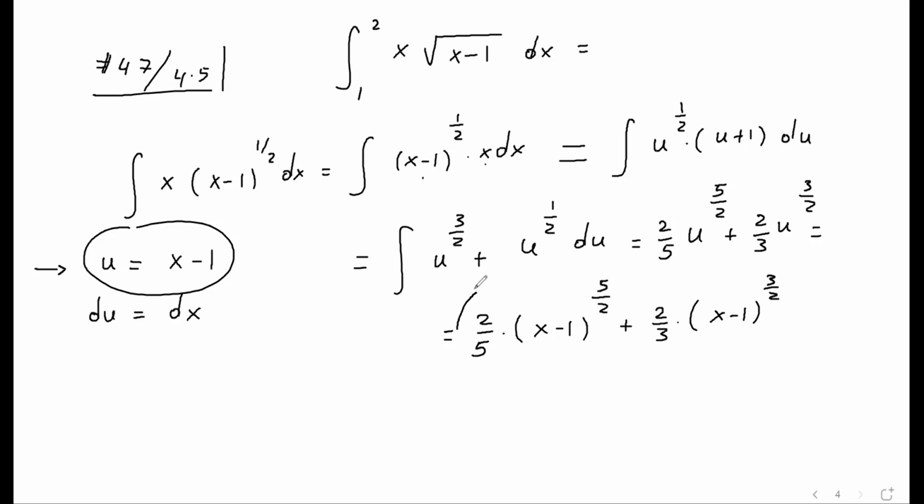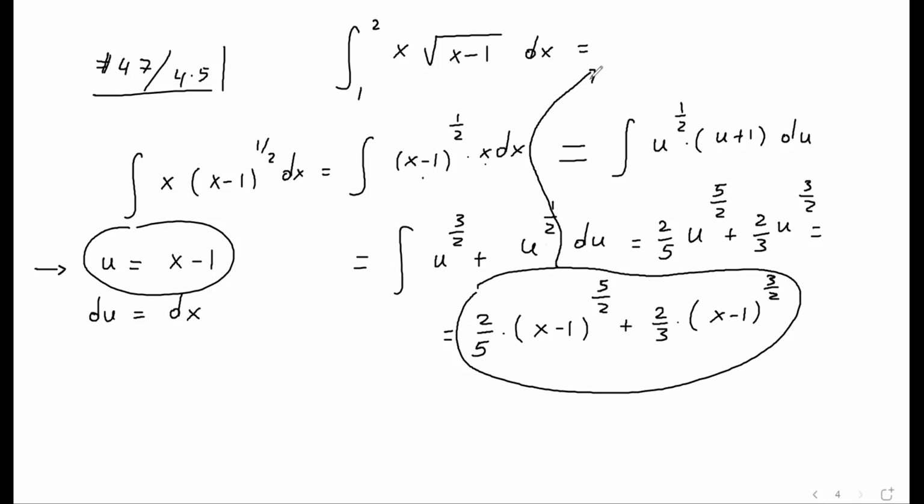Now this is the one that I'm going to take and use here. So substitute 2 and 1 in this formula. We'll have 2/5 times 2 minus 1 to the 5/2, plus 2/3 times 2 minus 1 to the 3/2, and then minus, and then substitute 1 in the formula. Now when I substitute 1, I get 0, so we can just get rid of that.